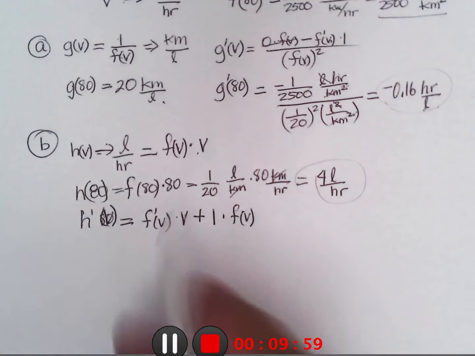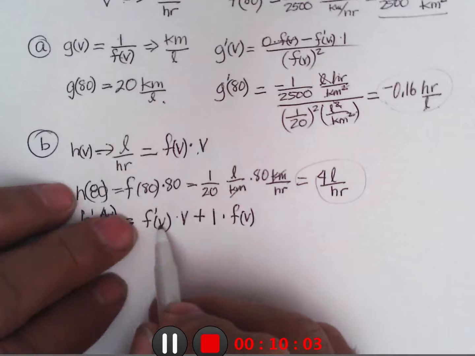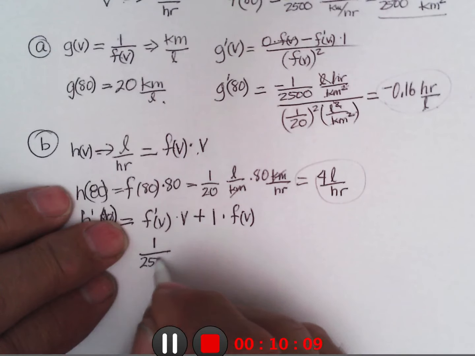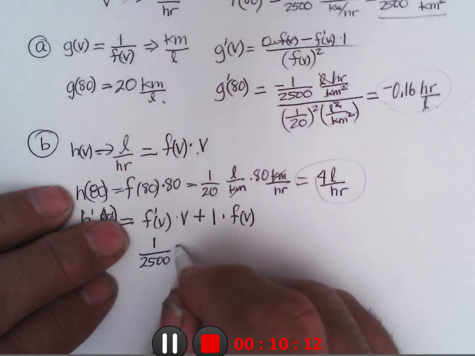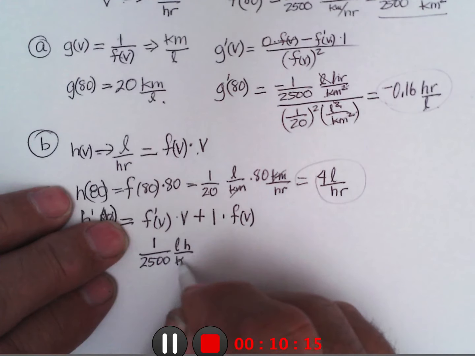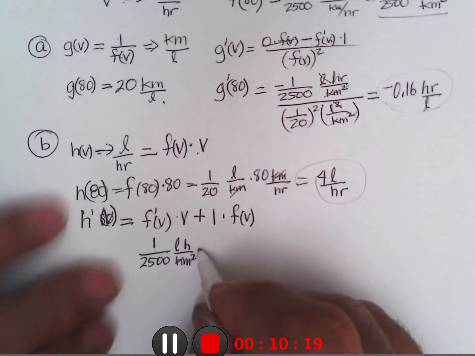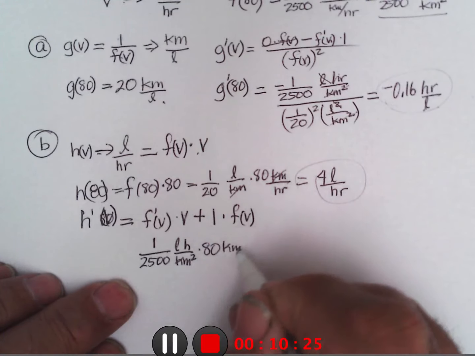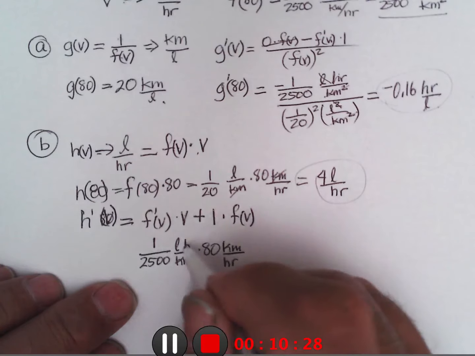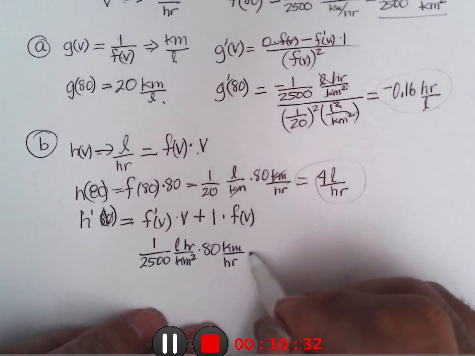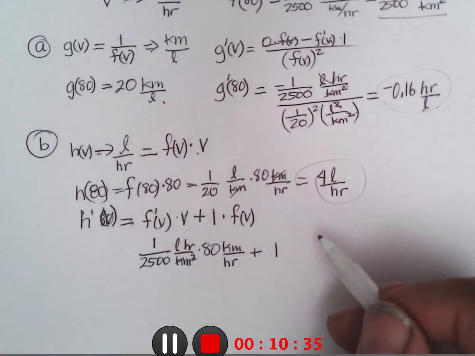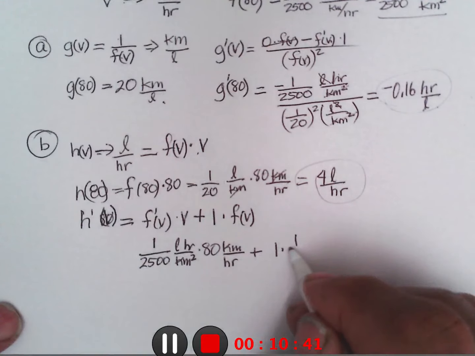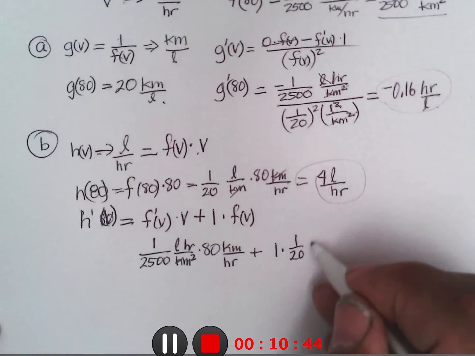So we have F prime of V, which is 1/2500th, strange units liter hours per kilometers squared, times V, which is 80 kilometers per hour, plus 1, no units on the number 1, times F of V, which is 1/20th liter per kilometer.